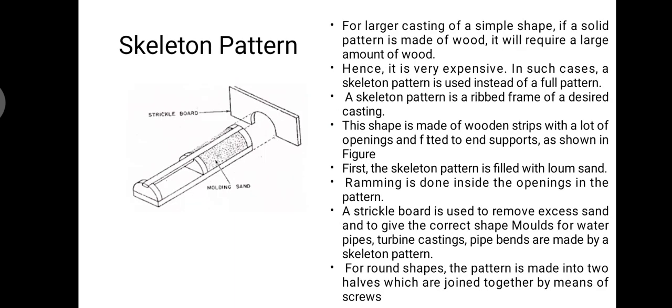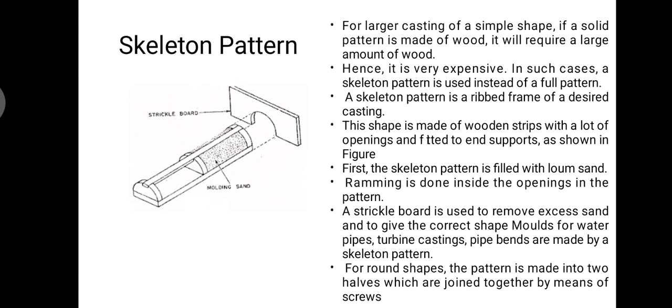Next one is skeleton pattern. If I want to make a large casting, and a solid pattern is made of wood, it will require a large amount of wood. Hence, it is very expensive. In such cases, I can prefer a skeleton pattern. A skeleton pattern is a ribbed frame of the desired casting. This shape is made of wooden strips with a lot of openings and fitted to end supports as shown in the figure.